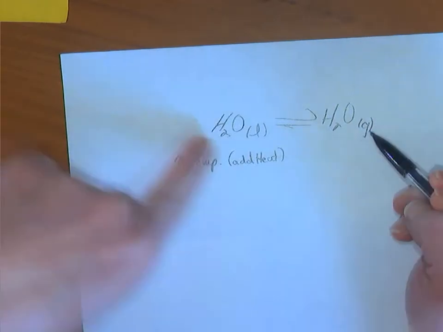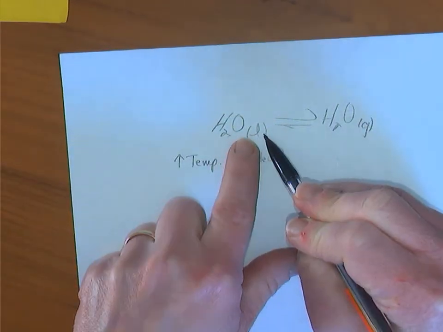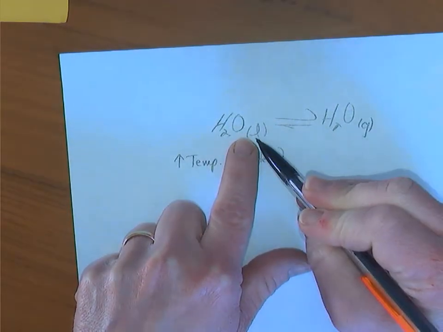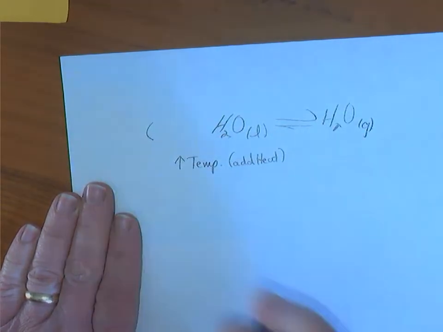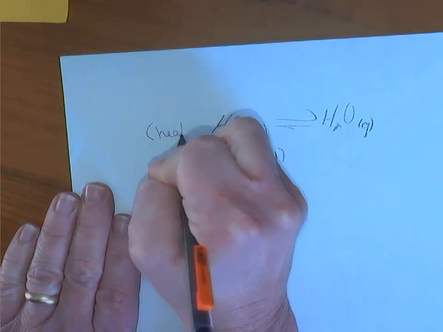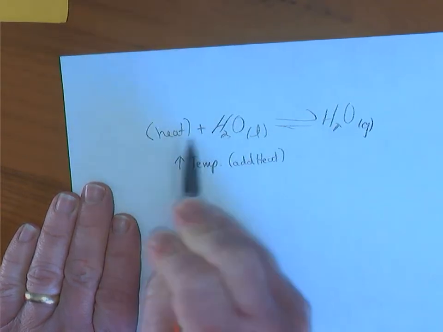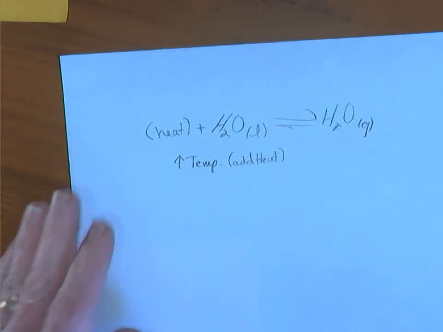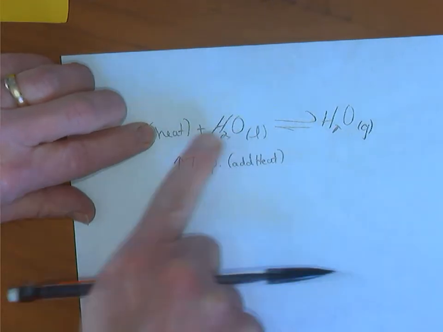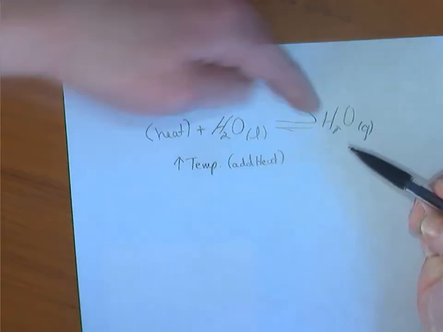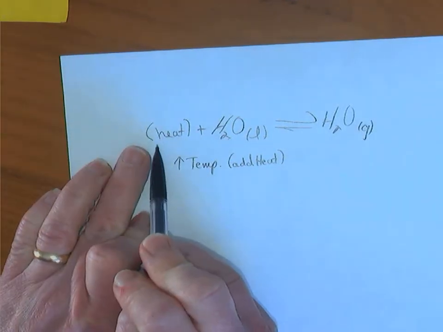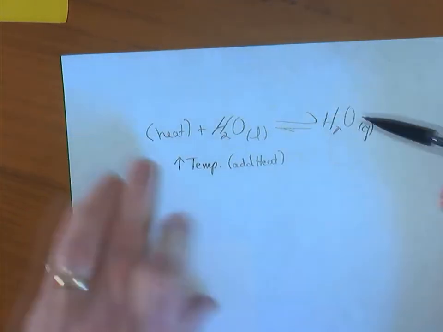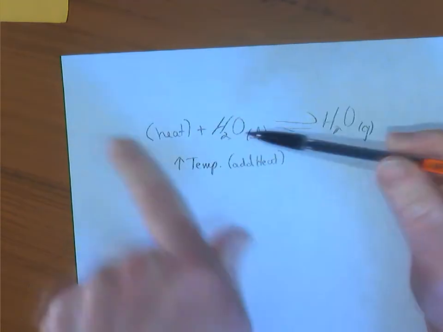For gas to become liquid, we have to remove heat. So one way to approach this is we could actually write heat as a reactant. We know we need heat to move in this direction. We need to remove heat to move in this direction. So it's endothermic for vaporization, but it's exothermic for condensation.